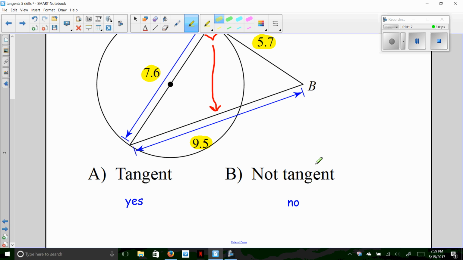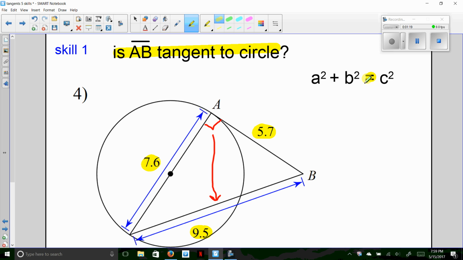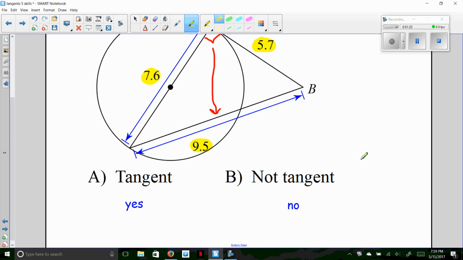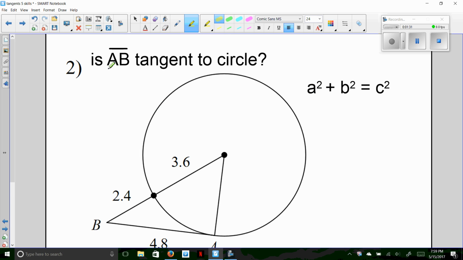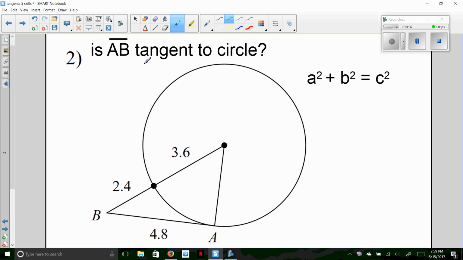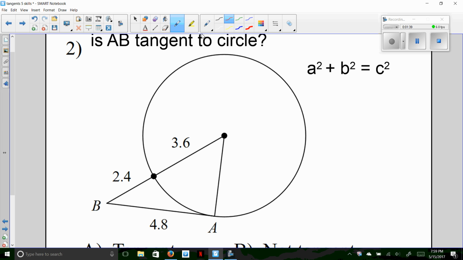If it's not a right triangle, meaning A squared plus B squared does not equal C squared, then it's a no, it's not tangent. This is giving you a couple different ways they can present this information to you. Once again, this is asking is AB tangent to the circle, which is basically testing if this is a right triangle.